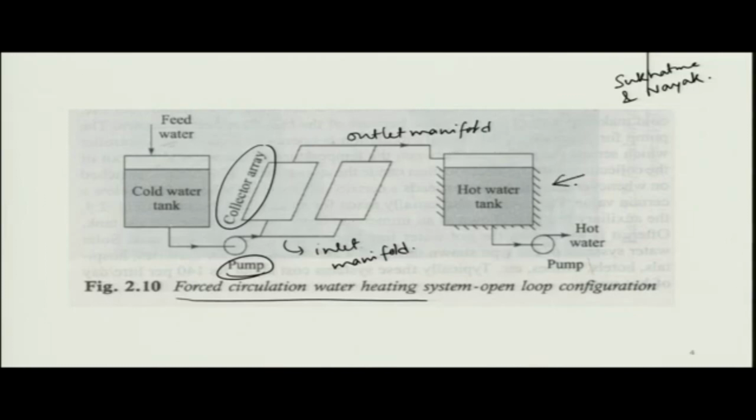One is the hot water tank, which is connected to the outlet manifold, and you have a pump where this hot water is taken and delivered to the point of use. And on the other hand, you have this cold water tank where feed water comes in and gets stored. Whenever it is required by the inlet manifold, the pump takes it from the cold water tank.